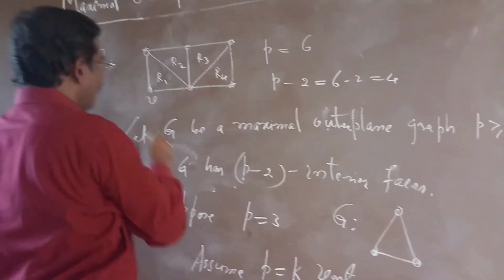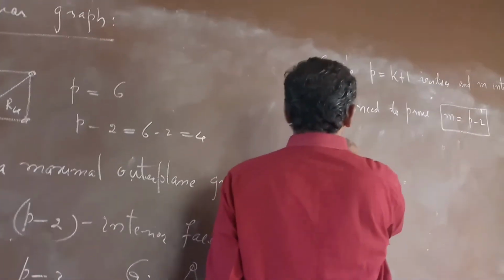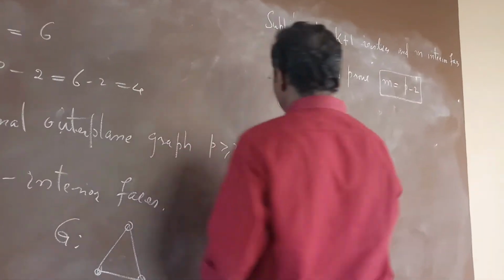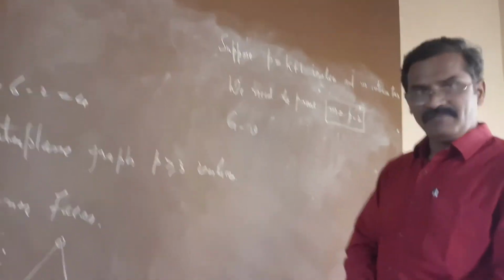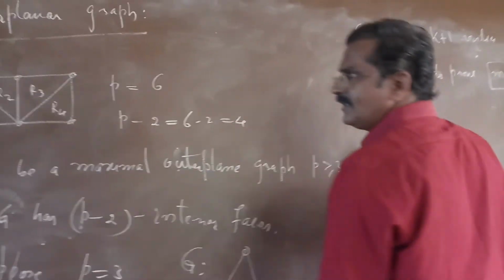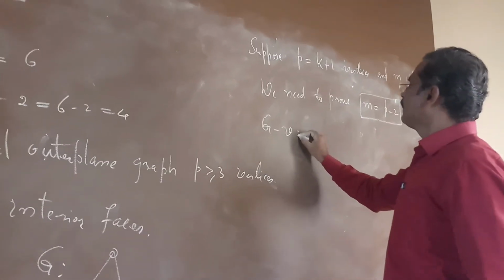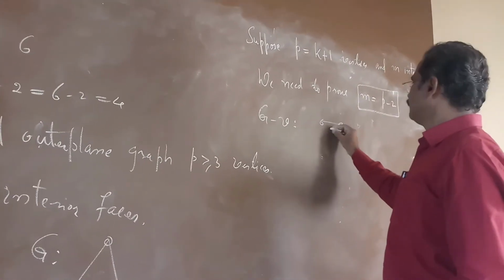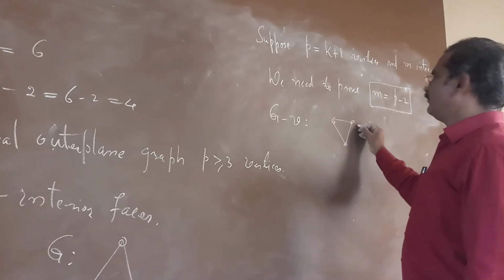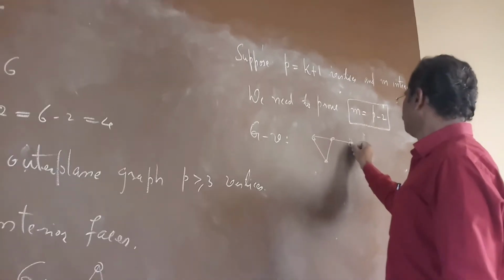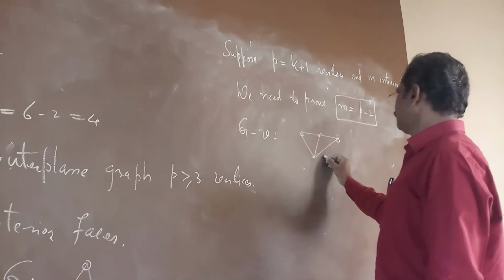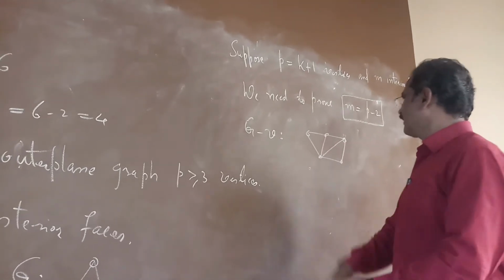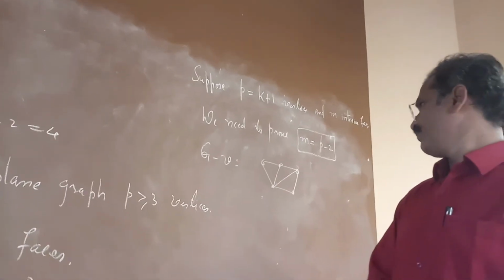Then, if I delete V from G, what happens? Then the graph G minus V will be this graph.